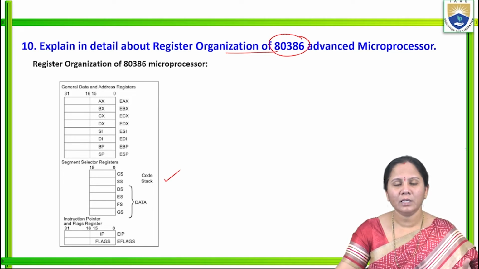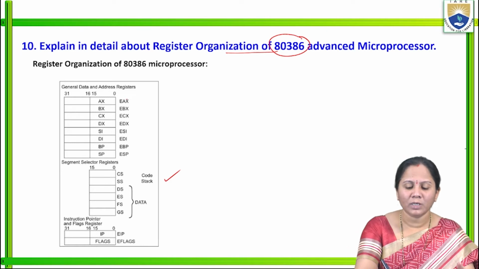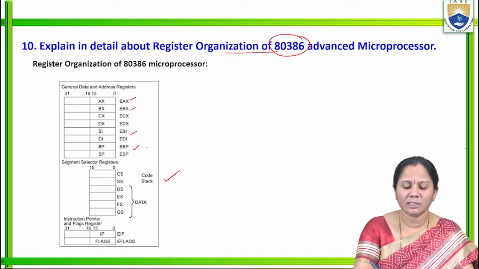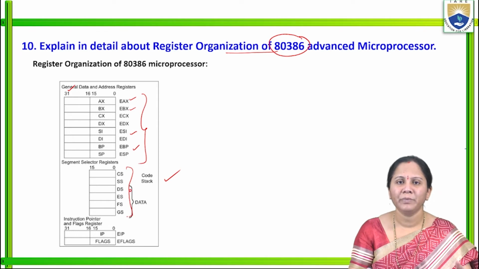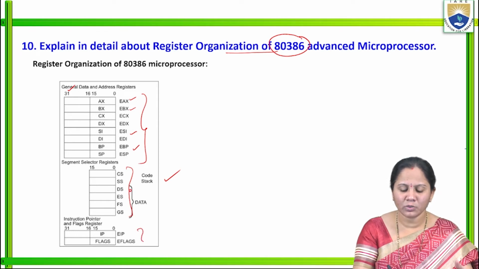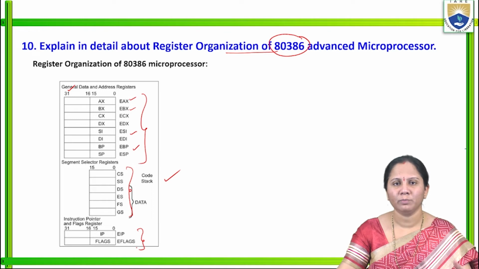After listing how many registers there are, what is the size of each register? If we consider, all these registers are 32-bit registers, but these registers are only 16-bit, and these two registers are again 32-bit.